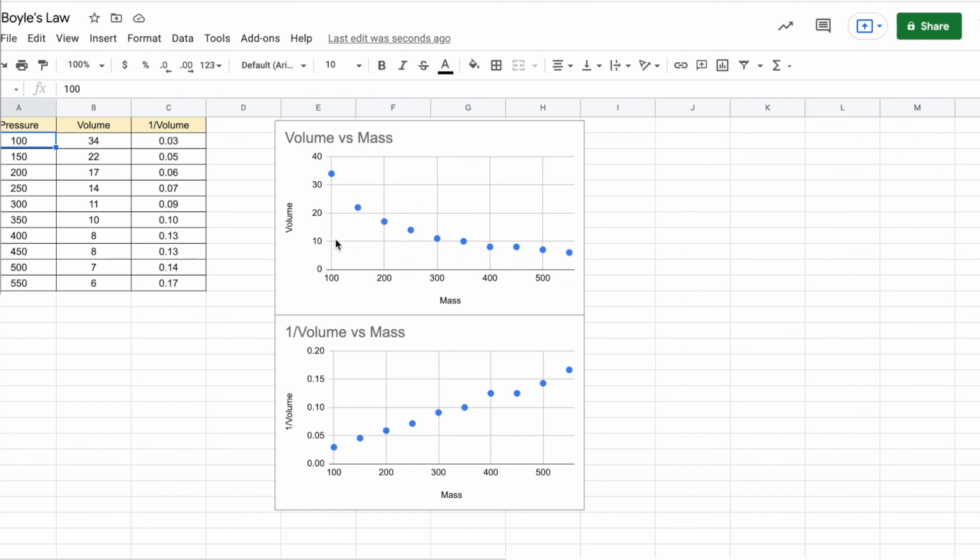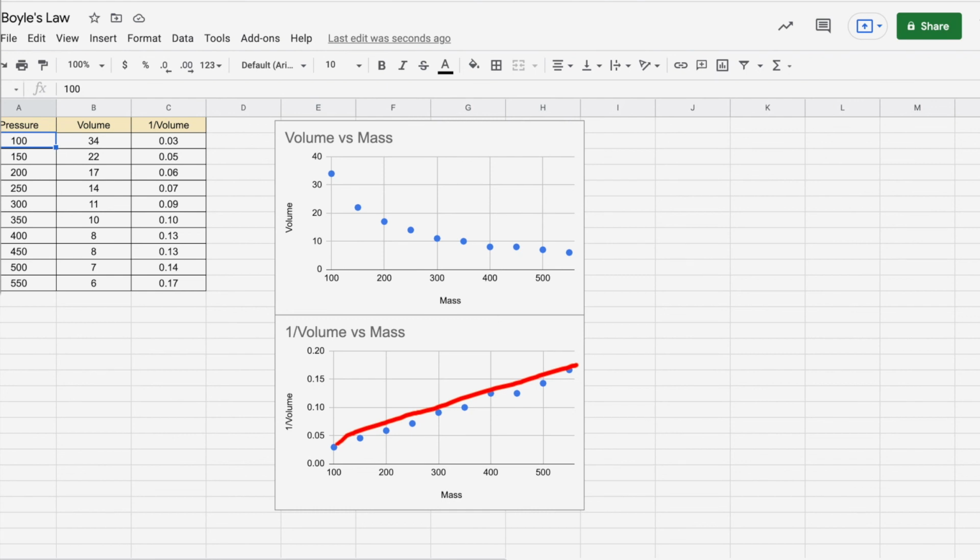But of course, maths and science not being really usual here, if we do 1 over the volume versus mass, and I know that these things here are kind of inverted, you still get a straight line going up there. So when you graph the inverse volume versus mass, you get essentially a straight line, which is a little bit different to when you don't have the inverse.